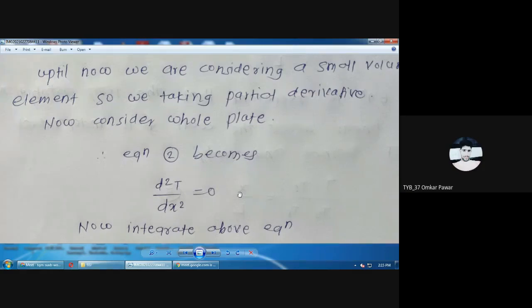d by dx of t, that is, dt by dx is equal to constant. Correct? Derivative and integration are opposite to each other. So when we take the integration of this, one derivative is cancelled.